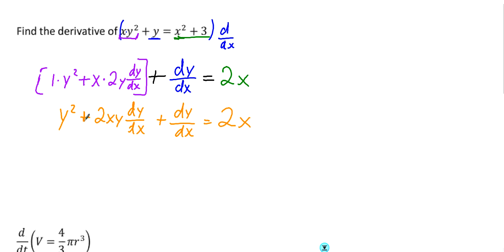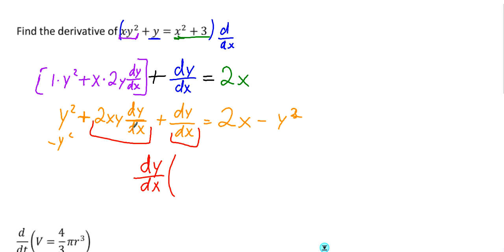Like I said, we're going to keep anything that has dy over dx on the left side. Everything else will move to the right side. So subtract y squared from both sides. Since both of these terms have a dy over dx in them, I'm going to factor that out. So I take out my dy over dx.